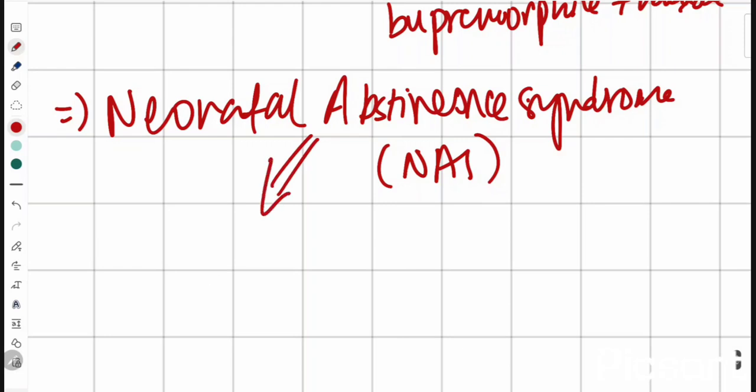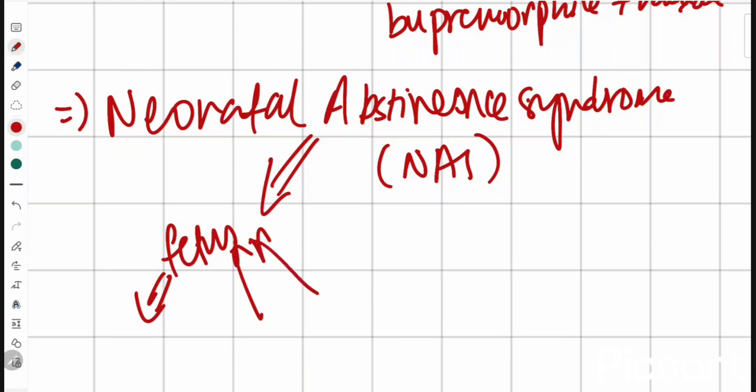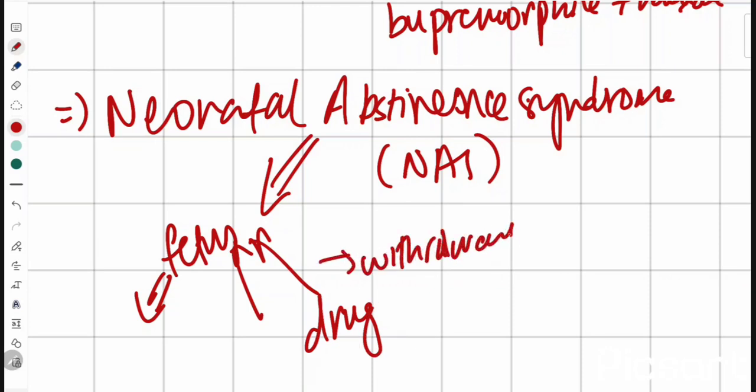It happens when the neonate or the fetus in utero is exposed to a lot of drugs, and when those drugs are immediately withdrawn, that withdrawal is called NAS. And that withdrawal is treated by methadone.